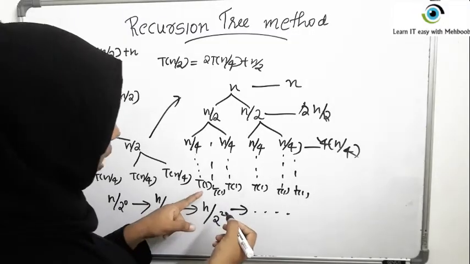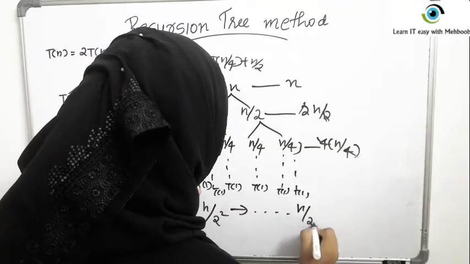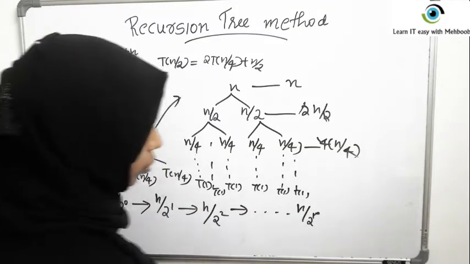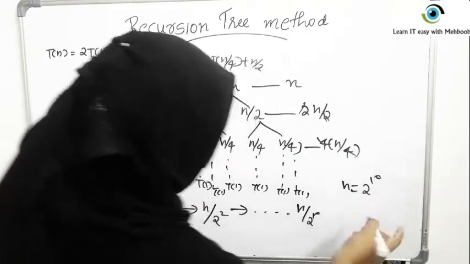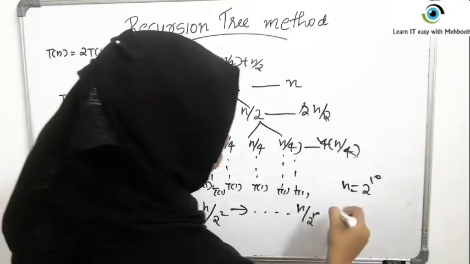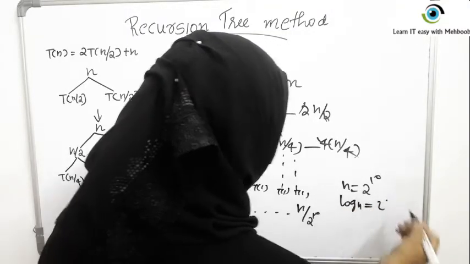At some point, to get t of 1, you should get n by 2 raised to i, and that should be equal to 1. That is 2 raised to i is equal to n. So taking log on both sides, you will get log n is equal to i.